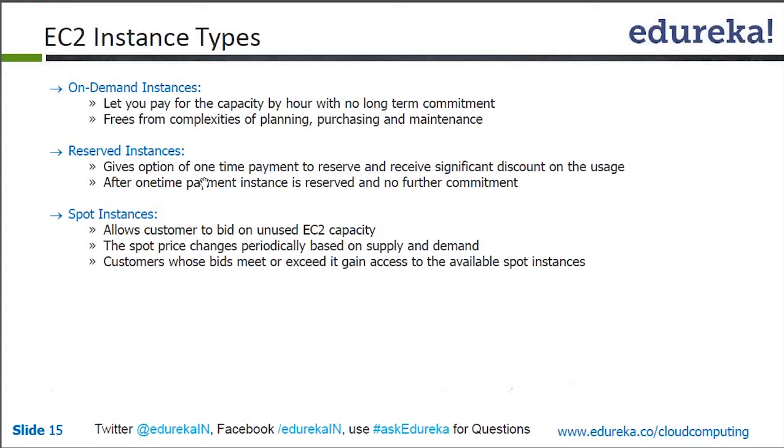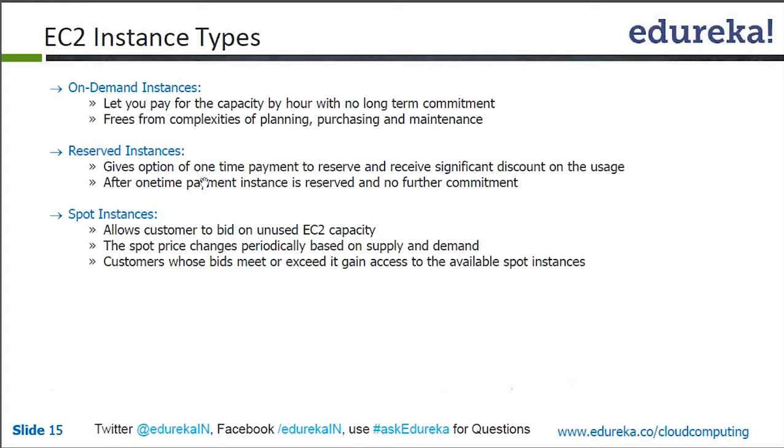So they thought, instead of keeping it idle, why don't we leverage it and give that as an offering to the customer. Whoever wants that particular pool of instances or any infrastructure, you can auction it.